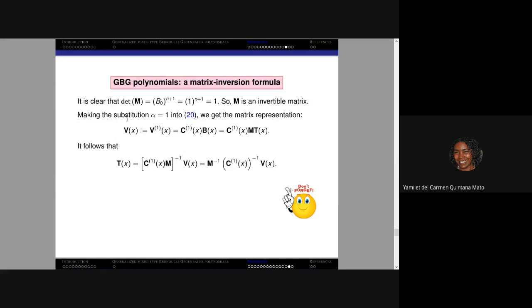We obtain a matrix representation for the matrix containing the information of BG polynomials.